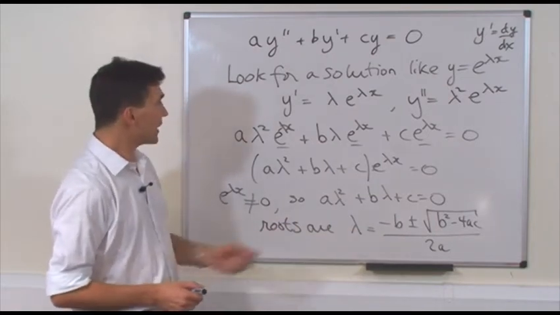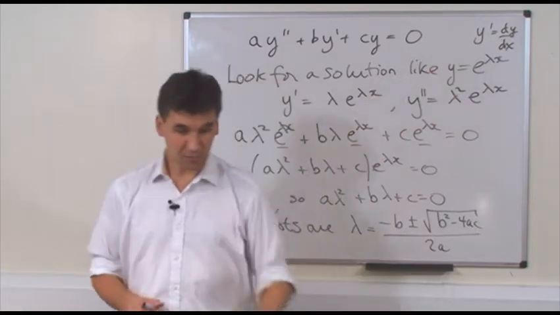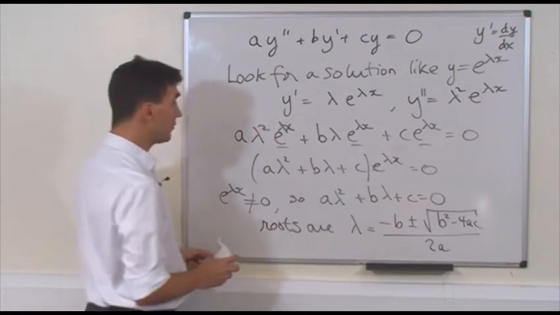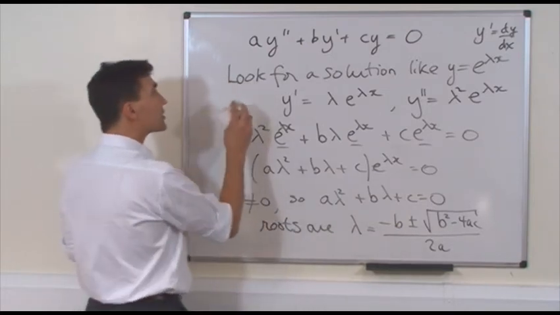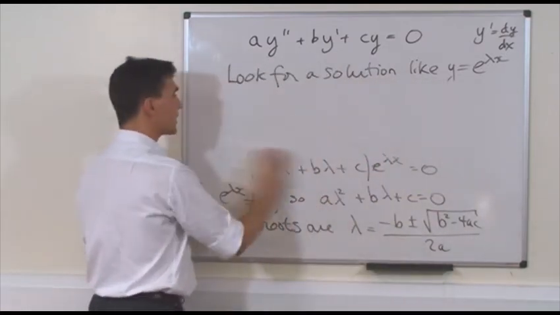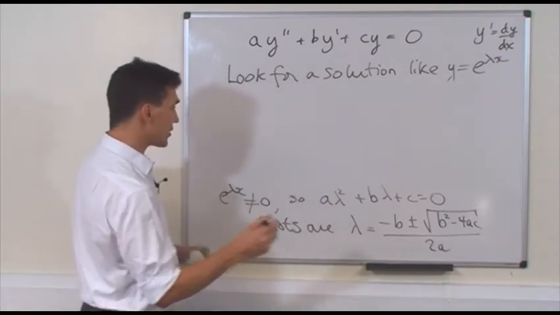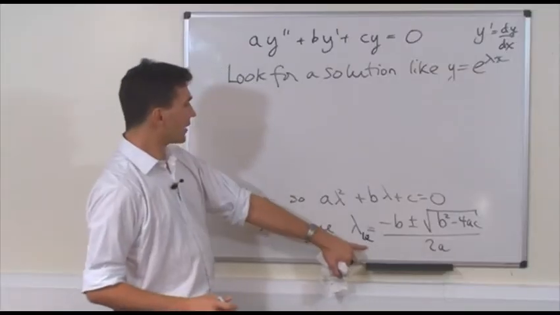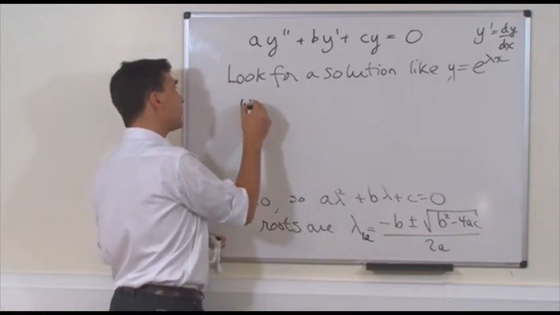Having got those two roots, we supposed that we had a solution of the form e to the lambda x, and this is telling us we have two solutions of that form, one with one of the roots and one with the other. So we can take both of those solutions together, and our differential equation will have those two solutions. Lambda 1 is, say, with the plus, and lambda 2 is with the minus. We have two solutions.